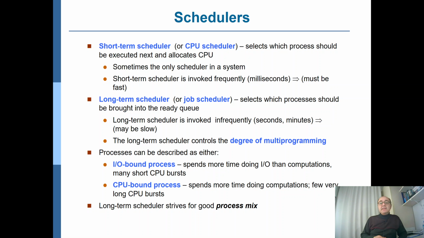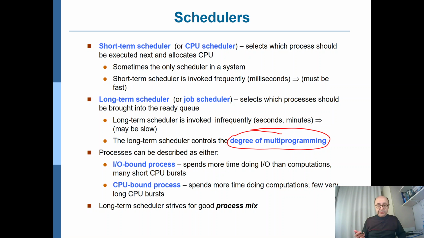Now, in some systems, not in all, but in some systems, we also have what's called the long-term scheduler. It's also called the job scheduler because it decides on what we call the degree of multi-programming. Degree of multi-programming means the following: how many programs or processes are currently running in the system at the moment.